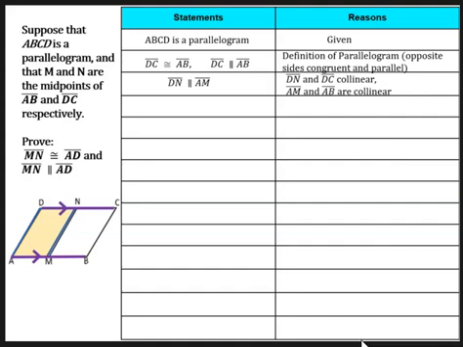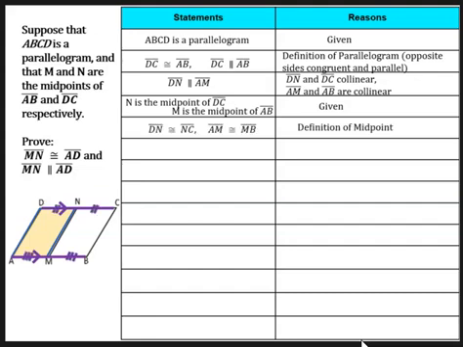Now I'm going to move on to the other part of the given, that M and N are midpoints of the segments AB and DC respectively. This means that segment DN is congruent to segment NC, and that segment AM is congruent to segment MB.